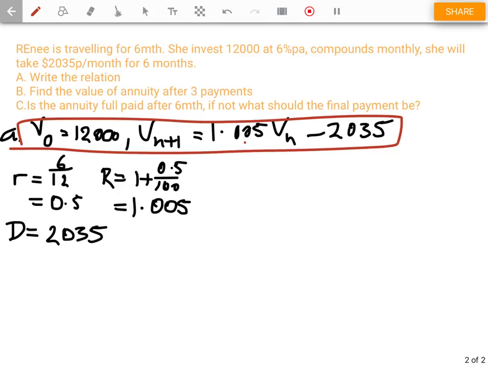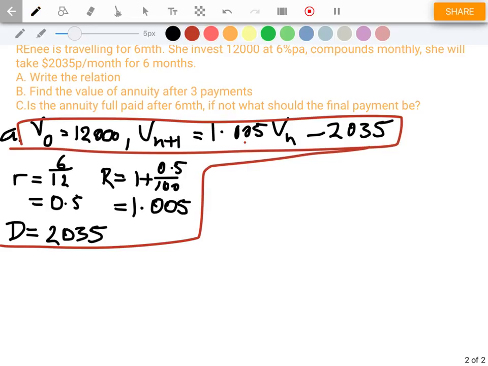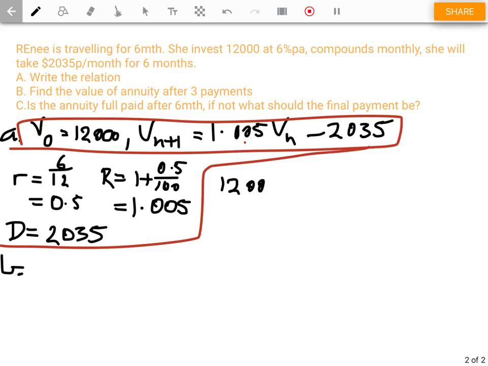Next up, we want to find what the value of the annuity is after 3 payments. That is part B. To find that, into your calculator, type in 12,000 and execute that.